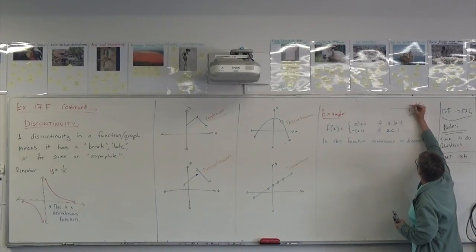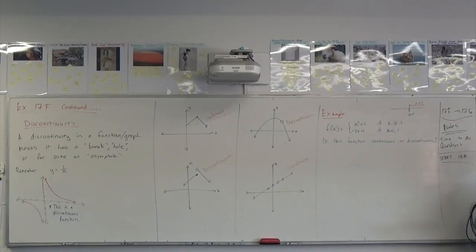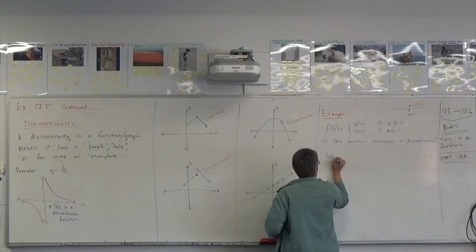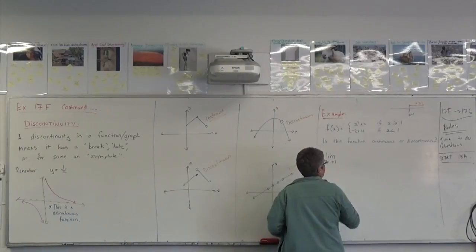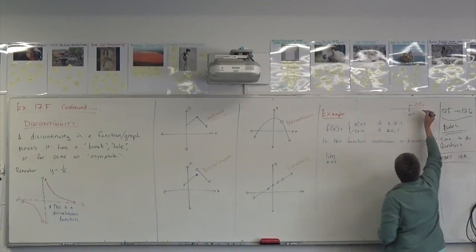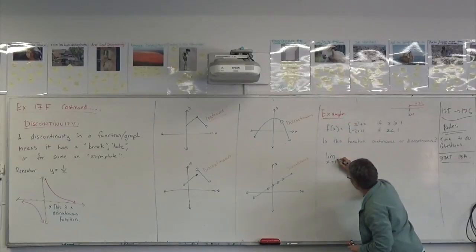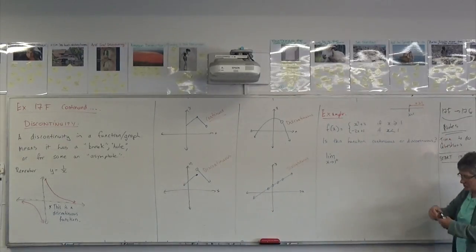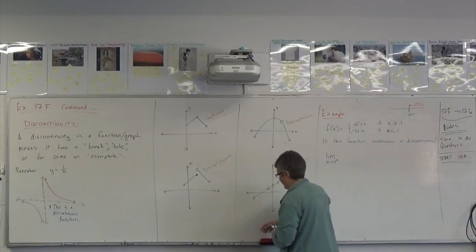So if I was to draw that on a number line, that's like that, isn't it? This is to the positive side, or to the right hand side. So if I say the limit as x approaches 1, so I'm approaching 1 from this side, the right hand side, I put a little plus there. Okay, so it's approaching 1 from the right hand side.